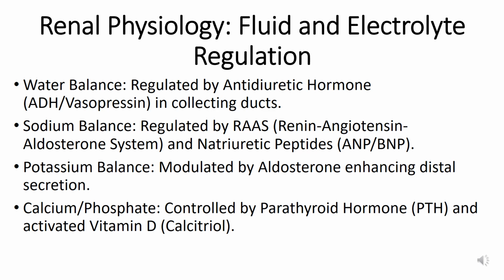The kidneys contribute further by activating vitamin D. The active form is called calcitriol. Calcitriol increases calcium absorption from the intestine. Together, parathyroid hormone and calcitriol help maintain healthy calcium and phosphate levels. Through these finely tuned mechanisms, the kidneys preserve fluid balance, regulate electrolytes, and support overall physiological stability.